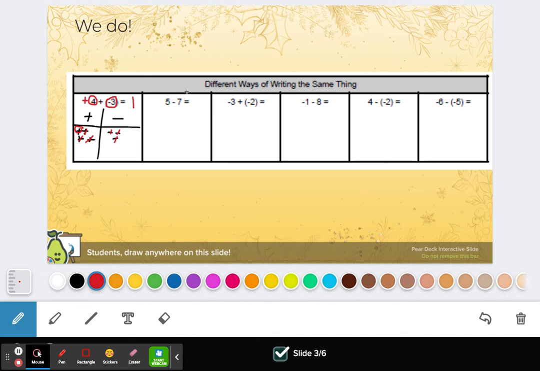Now going back to this one again, I'm going to circle what's in front. Only one sign with one number. This one's a positive and a negative. Remember, same signs you add, different signs you subtract. So here there are different signs, so you're going to subtract and you're going to keep whatever is left over.